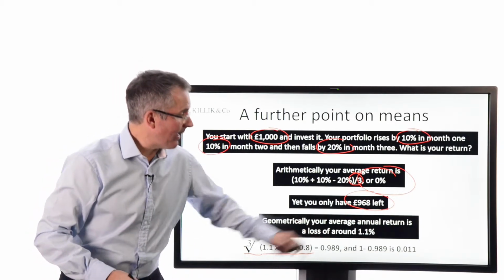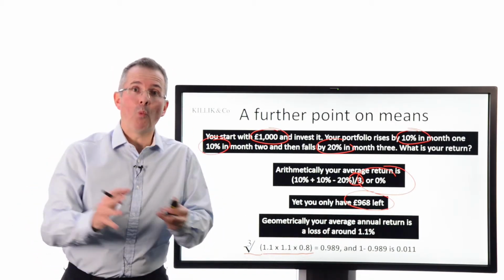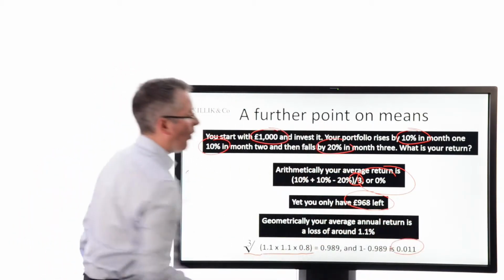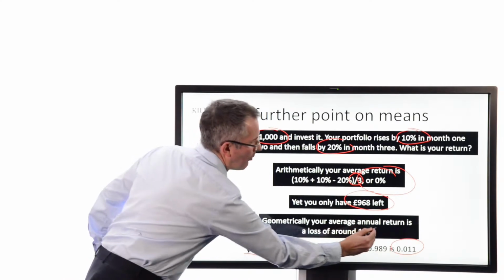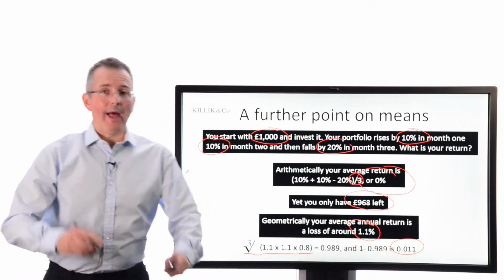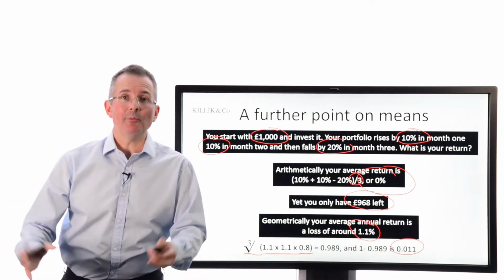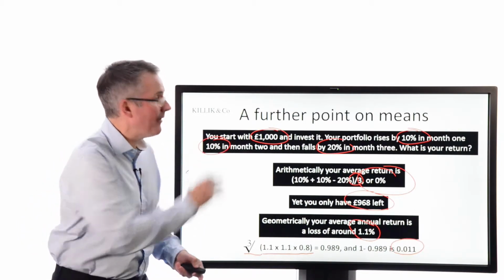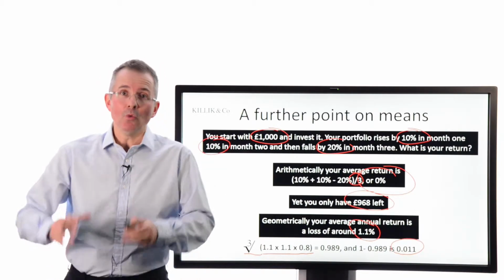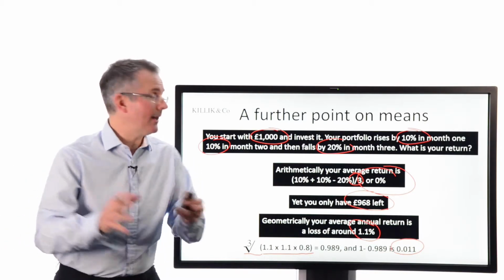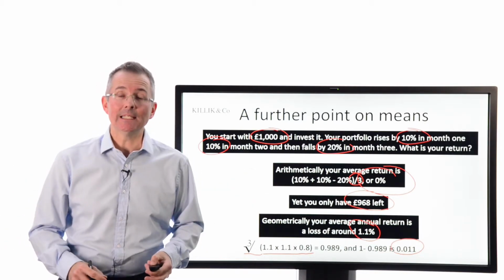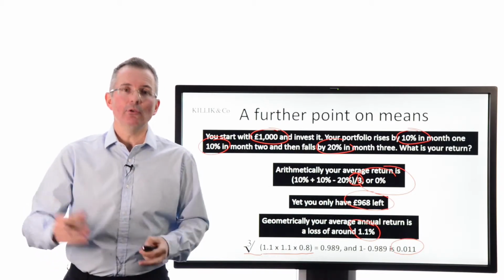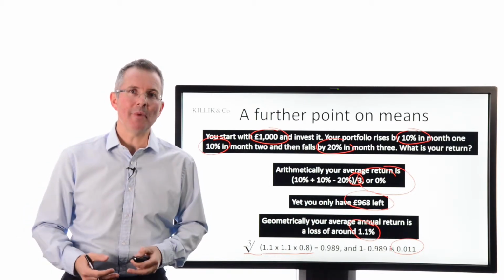Take that result away from 1 and you've got your answer, 0.011, or in layman's terms, 1.1%. So all that number crunching, which is normally done for you, will be telling you that actually you've lost around 1.1% per period, per month in this case, which is why you start with £1,000 and end up with 968. So you can see another trap with the mean is you might use the wrong version, or the one that doesn't give you the true picture.